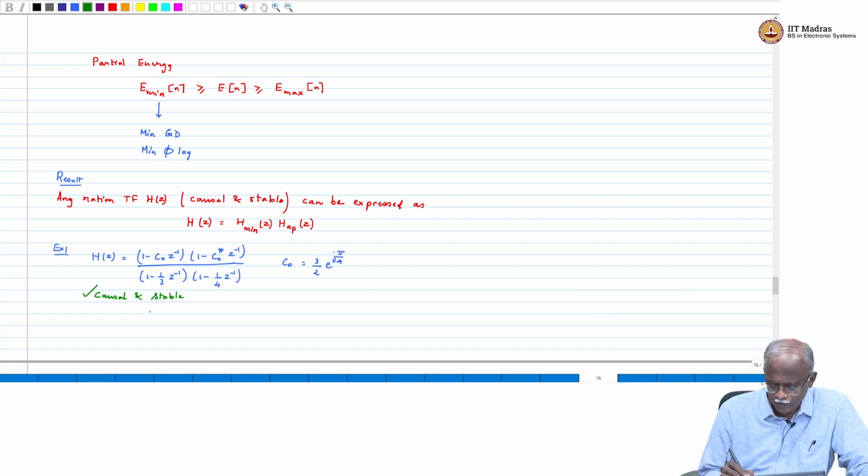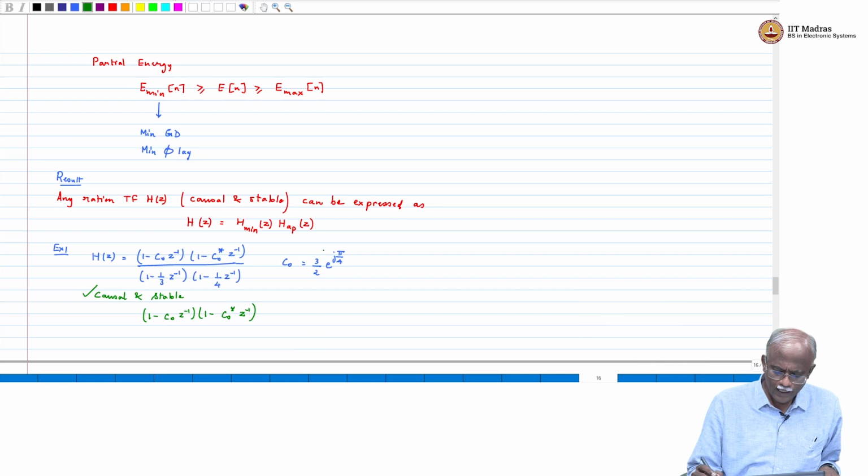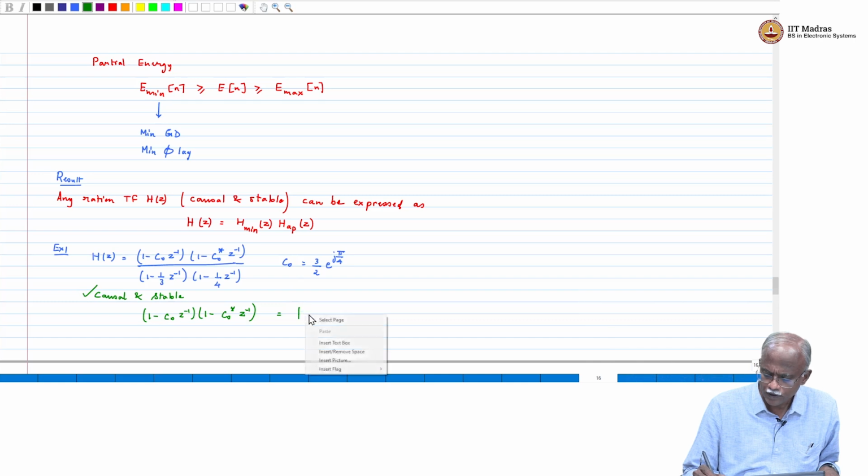Take the numerator separately: 1 minus C naught Z inverse, 1 minus C naught conjugate Z inverse. Okay, and factor out the C naught from the first term, C naught conjugate from the second term.